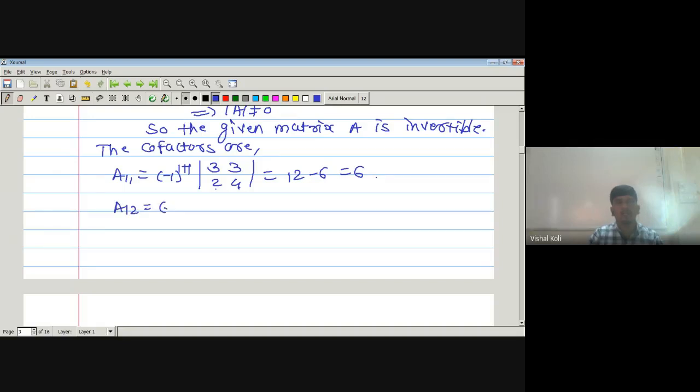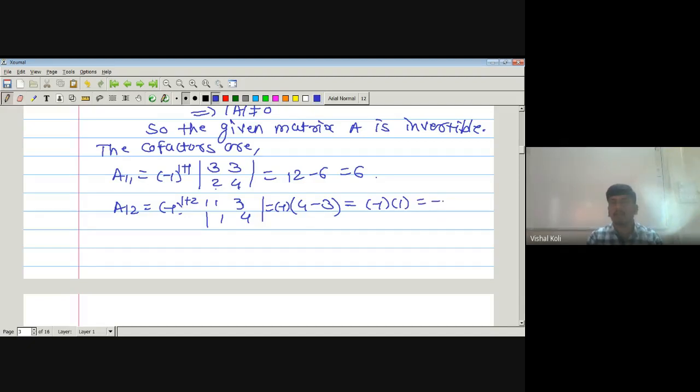A12 is equal to minus 1 to the power 1 plus 2 and its minor. A12 is present in the first row and second column, so the minor is |1 3; 1 4|, which is equal to 4 minus 3, and minus 1 to the power 1 plus 2 will be minus 1, into 4 minus 3, which is minus 1 into plus 1, and its value will be minus 1.